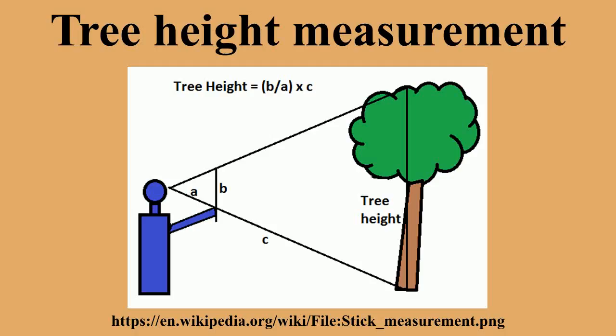Using the simple formula above, a smaller length of stick can be used, allowing the surveyor to actually see the top of the tree. As with A and B above, this method assumes that the top of the tree is vertically over the base. If this assumption is violated, the triangles will not be similar and the ratio and proportion relationship of the sides of similar triangles will not apply.